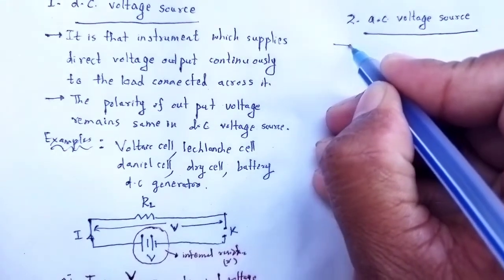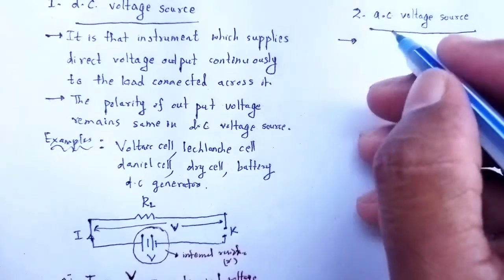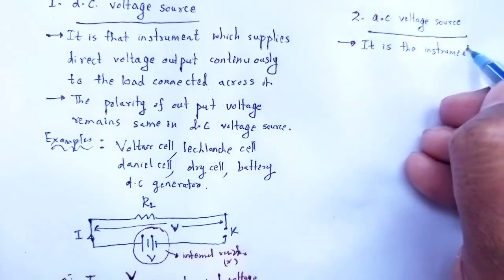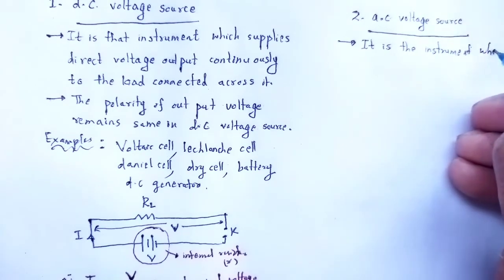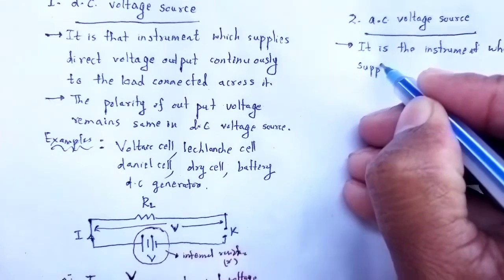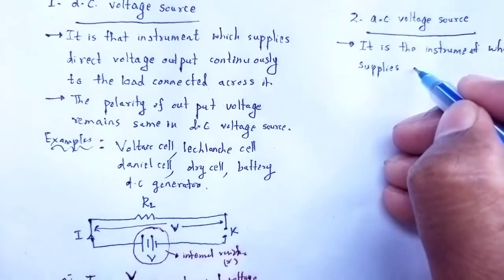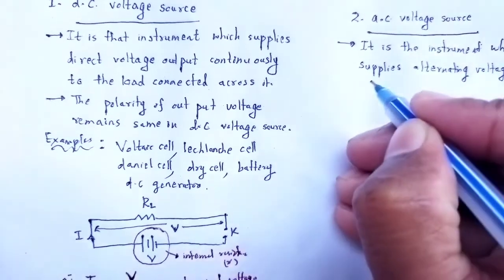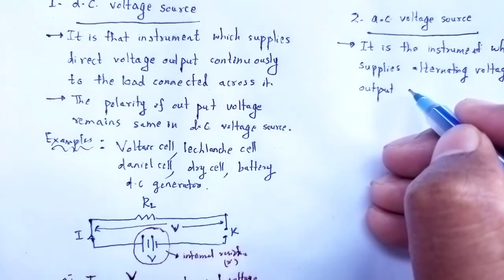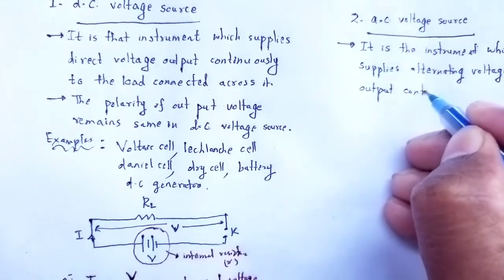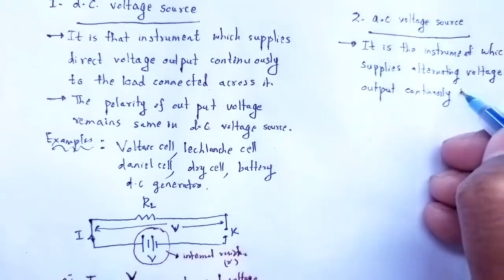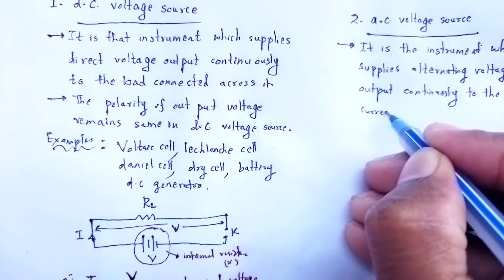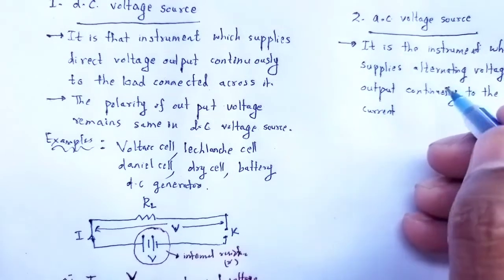Now in case of AC voltage source, it is the instrument which supplies alternating voltage output continuously to the load connected across it.